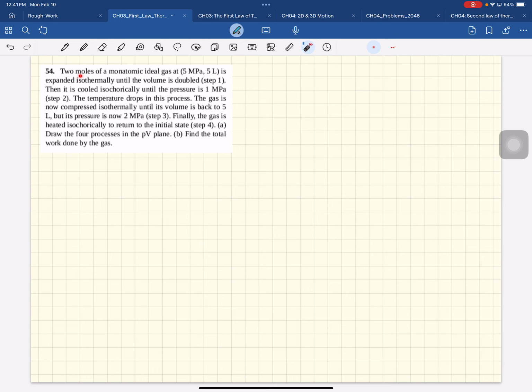Okay, this problem says 2 moles of a monoatomic ideal gas at 5 megapascals, so 50 atmospheres, and 5 liters is expanded isothermally until the volume is doubled. So again, they describe these processes.